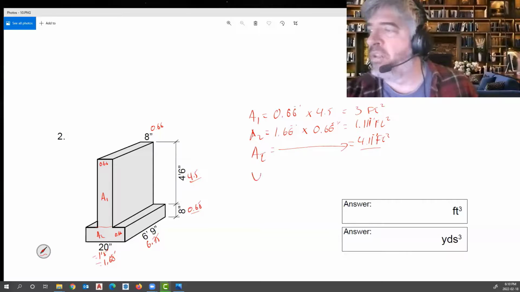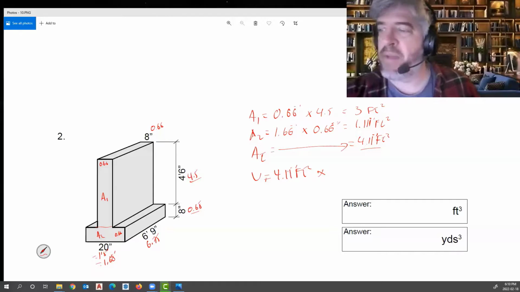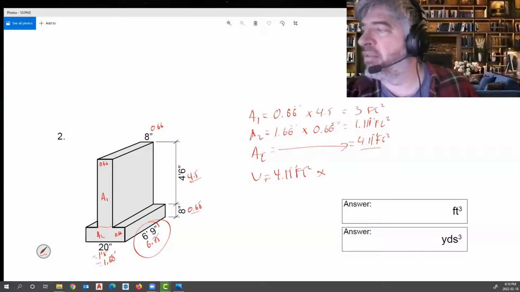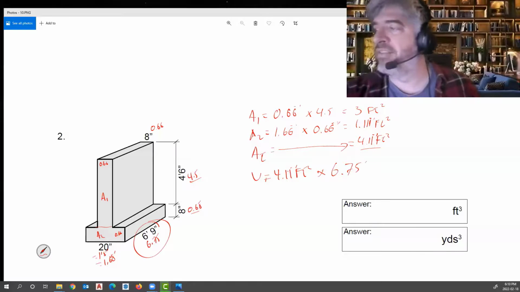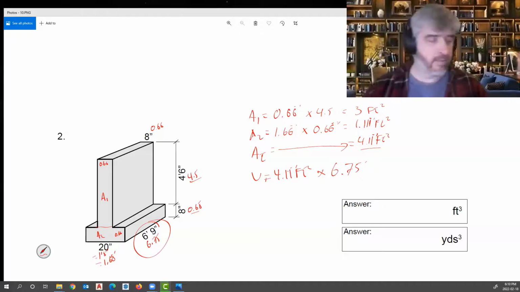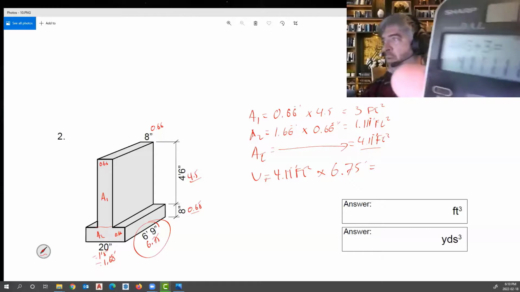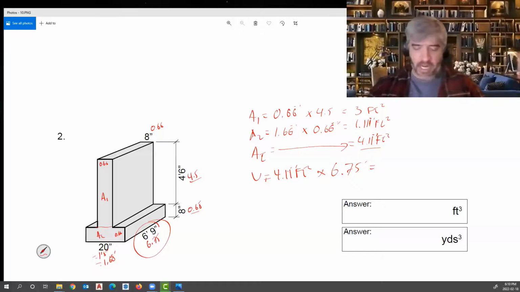Now for volume total, I'm at my answer here now. So volume would be that area, 4.11 repeating square feet, times this third dimension, which is 6 feet 9, 6.75. So I end up with 4.111111 on my calculator, and then I just times it by the 6.75.